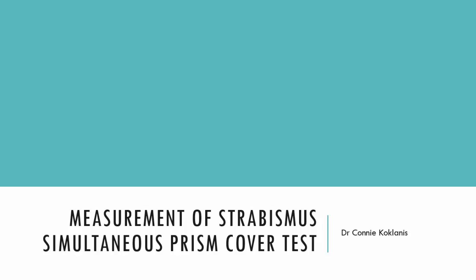Now, in the previous video we discussed the Prism Cover Test and we talked about the fact that that particular test utilises the alternate cover test as part of that assessment, and that the alternate cover test is unable to distinguish between a manifest and a latent deviation.